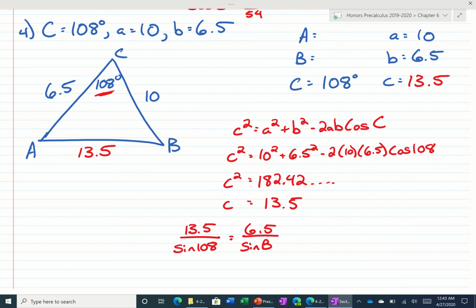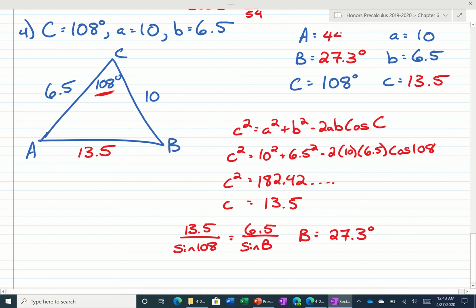Cross multiply and divide, and we get angle B is 27.3. And if we do 180 minus 27.3 minus 108, I get 44.7 here.